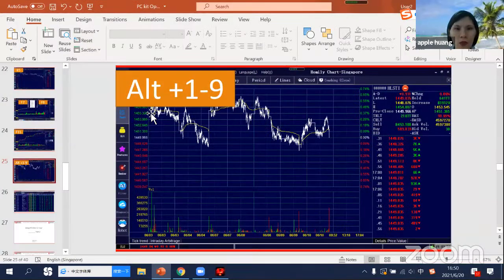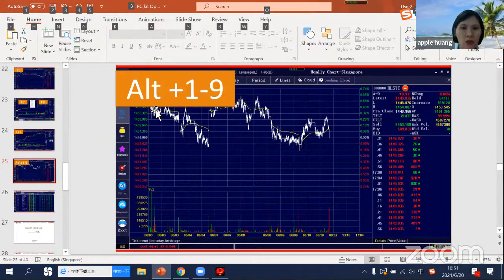So this is the hotkey. You just need to press ALT. There is a key called ALT on the keyboard. You press the key ALT, and at the same time, with your other hand, you press digit 5.